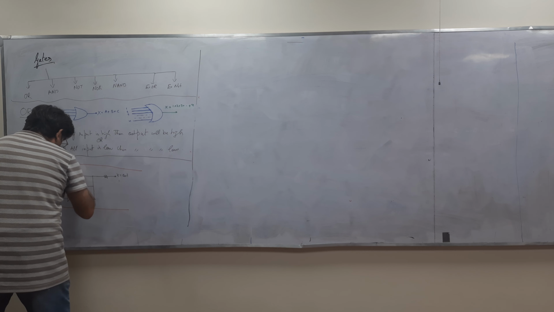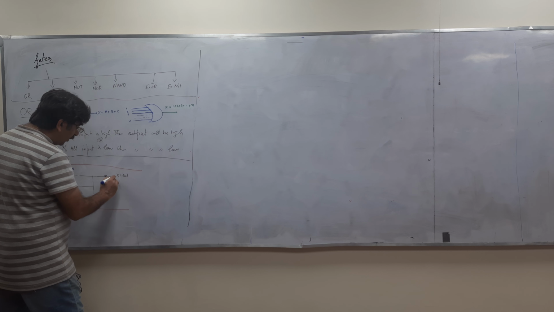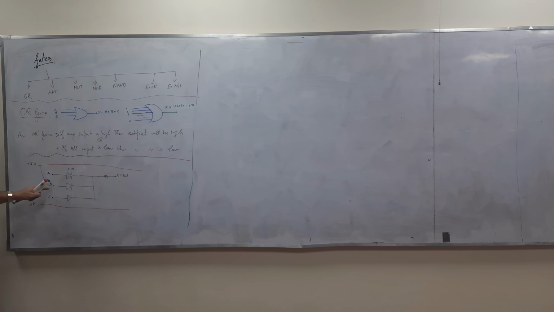As we know, these are the P and these are N. If P is connected with the positive volt and N is connected to the lower volt, because the output is connected to the ground, then this diode will become forward bias and the current will pass through this diode, and the output will be 1.